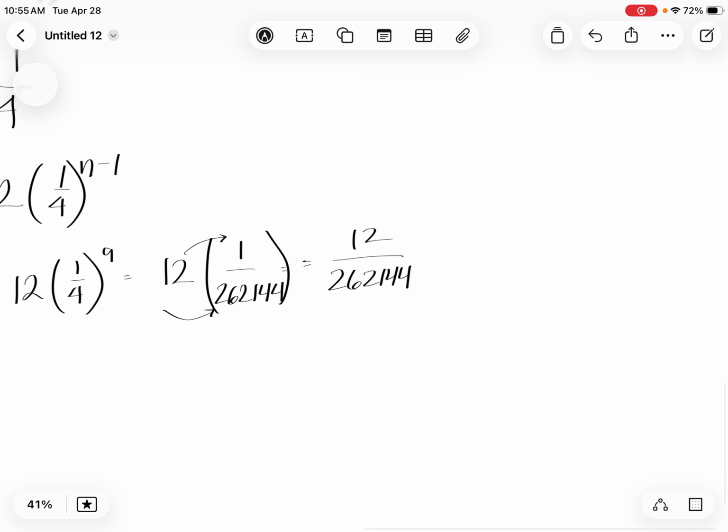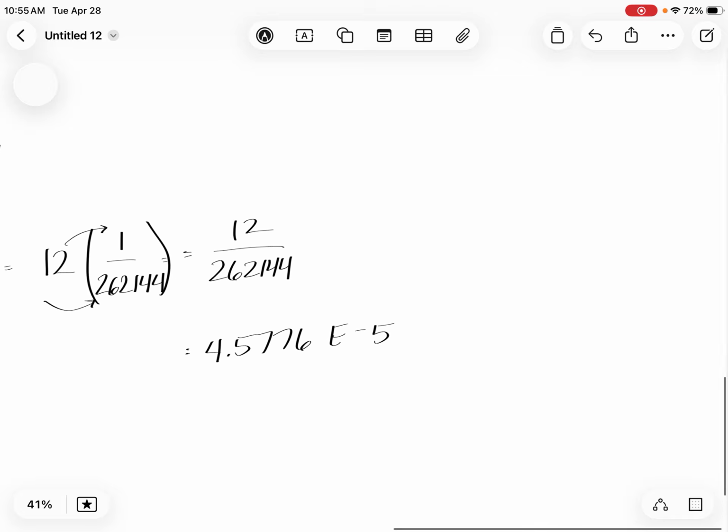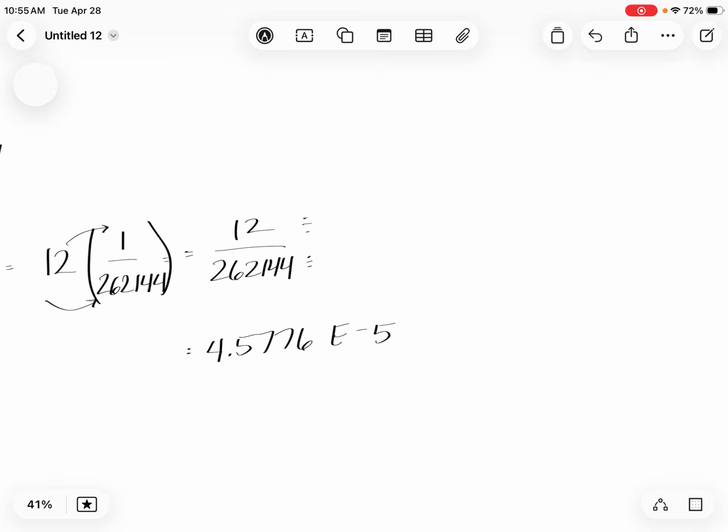The biggest thing is that I got 4.5776 e to the negative 5th. Don't forget the e. If you just put the 4.5776, you're not right. Now, if you were to reduce the fraction, 4 looks like the biggest number that can go into both of them.